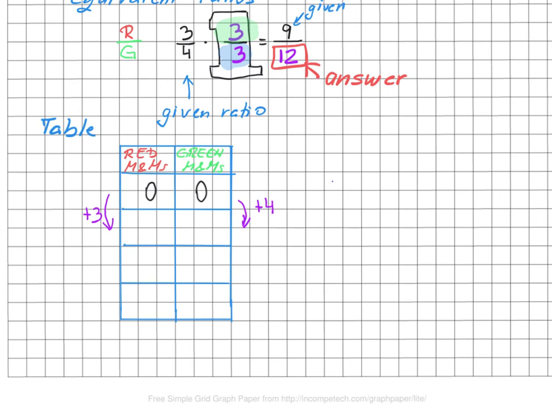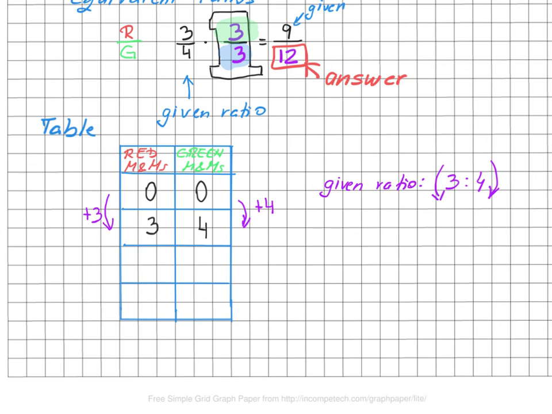So my given ratio is 3 to 4, and this is what I'm adding in each step, 3 red to 4 green. So 0 plus 3 is 3, and 0 plus 4 is 4. After I put the first amount in, I have 3 red M&Ms and 4 green M&Ms in the bag. And that is the first sentence.